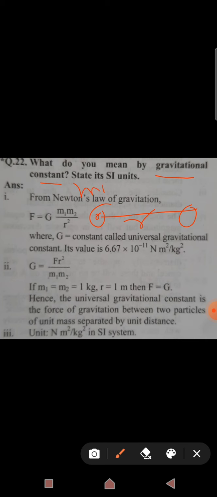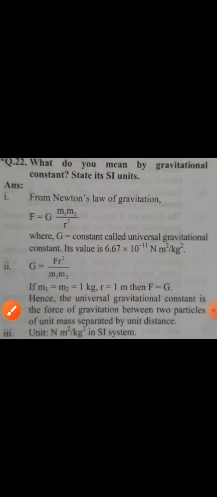The force of attraction between them is directly proportional to the product of their masses and inversely proportional to the square of the distance between them. So the proportionality can be removed with a constant: F equals G m1 m2 upon r square, where G is known as a constant, the universal gravitational constant.